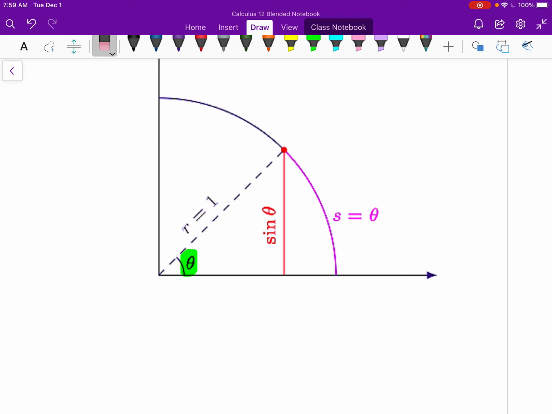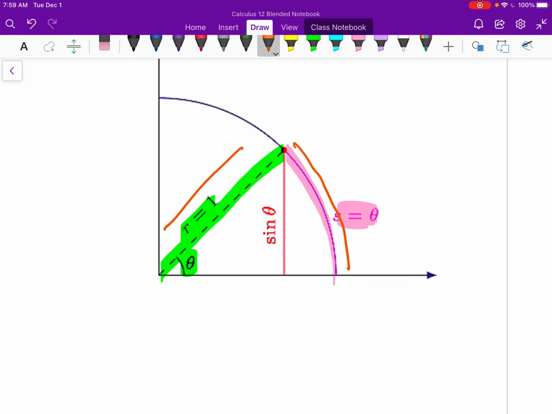I have this arc length here, or a sector length. That's why it has an S. That's the exact same as theta as long as we're dealing with radians, because we have a radius of 1 right here. And one thing you may recall is that the definition of a radian is the angle necessary so that the arc length is the same as the radius.